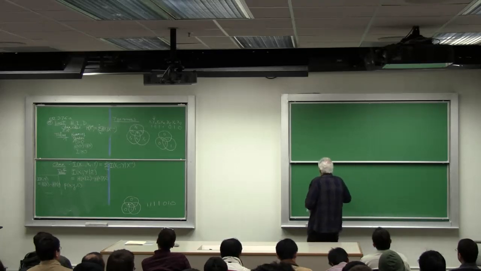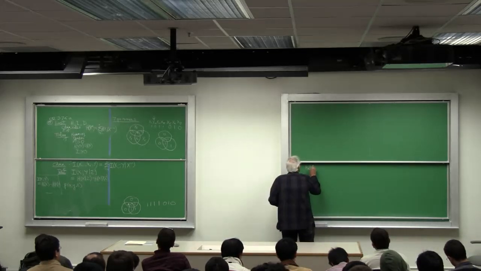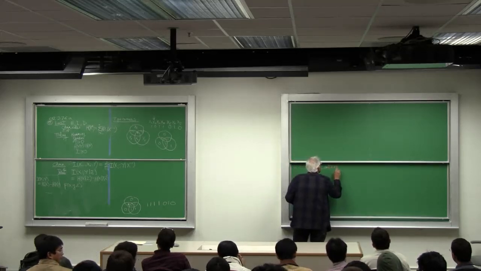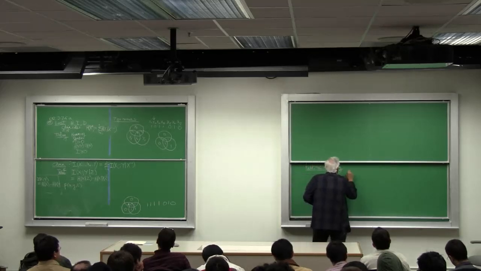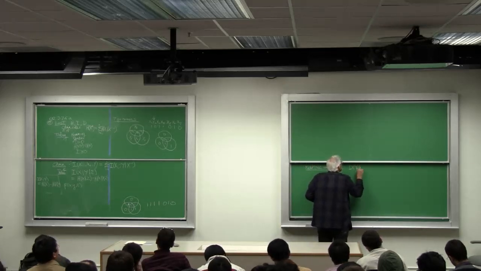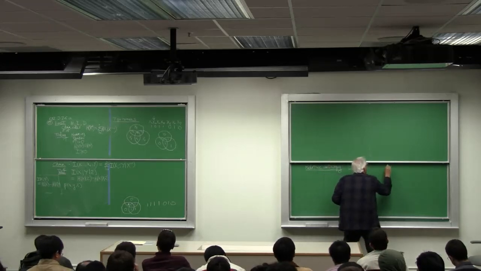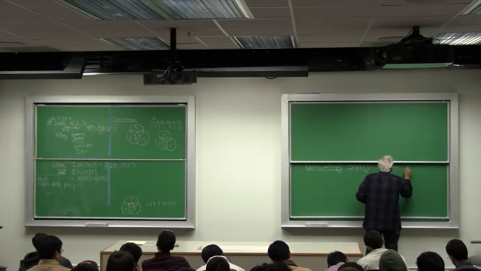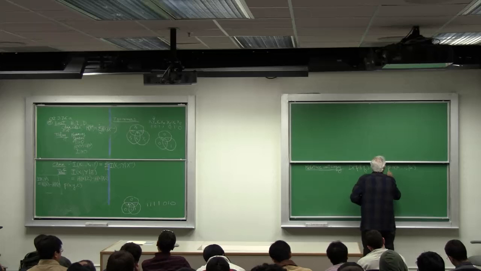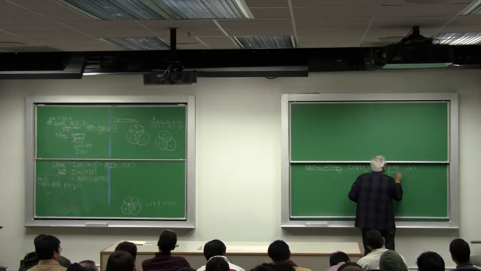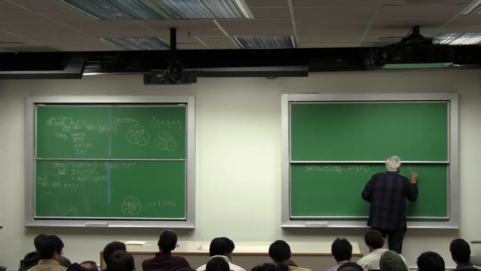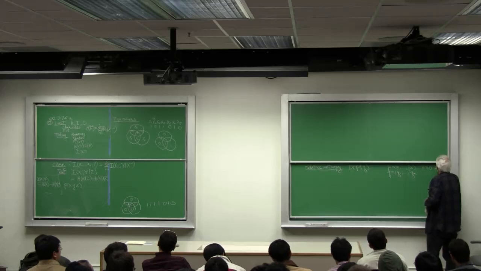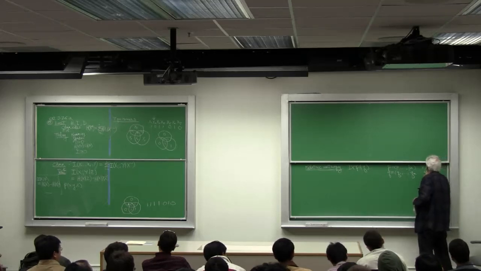So, we have the relative entropy, D of p q, where p is this vector, p1 through pm, and q is some other vector, probability mass function. The pi's are non-negative and sum to 1, and so do the q's.